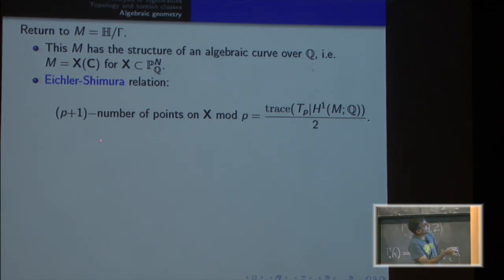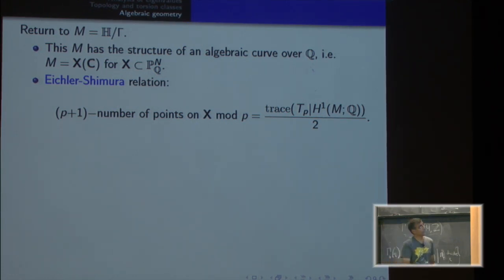You have this now an algebraic variety, cut out by some equations with rational coefficients. So apart from some finite number of exceptions, you can count how many solutions it has mod p. It's a sensible question to ask. And Eichler and Shimura showed that that number is essentially the trace of the pth Hecke operator.